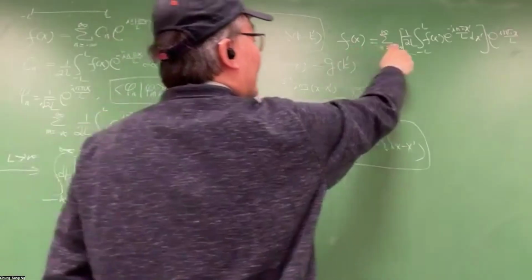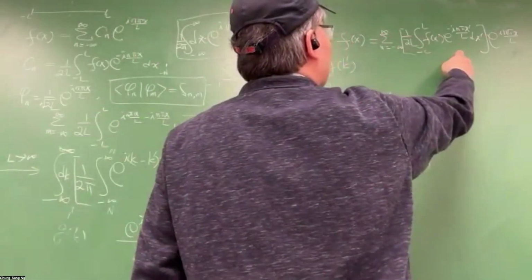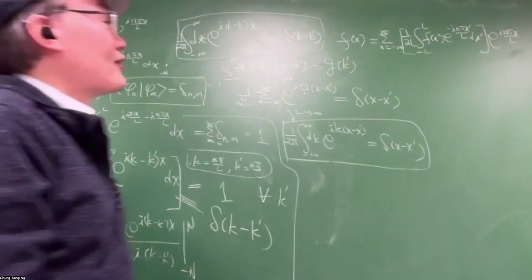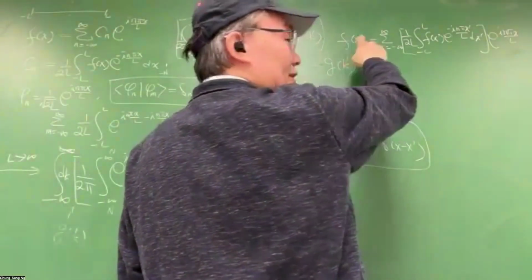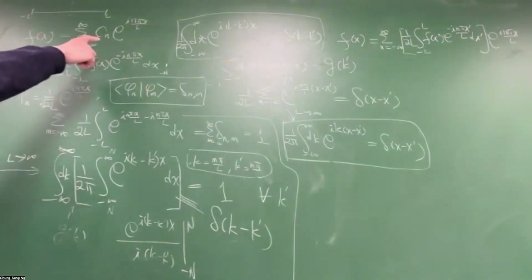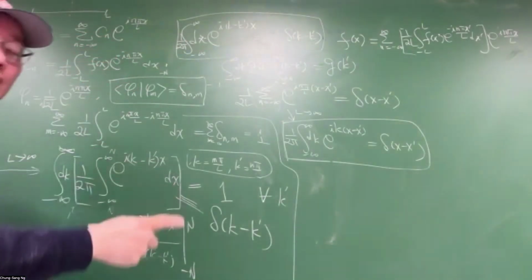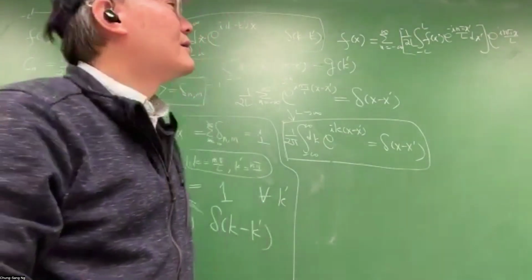And we require that this is satisfied for any function. Because we say any function can be expanded in a Fourier expansion like that, and that is called completeness, right?